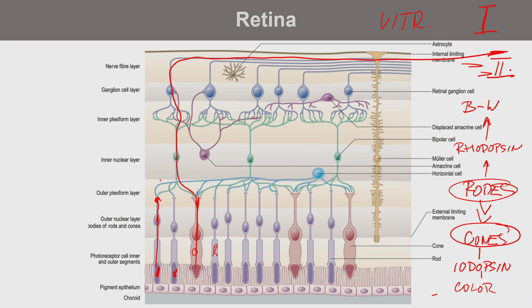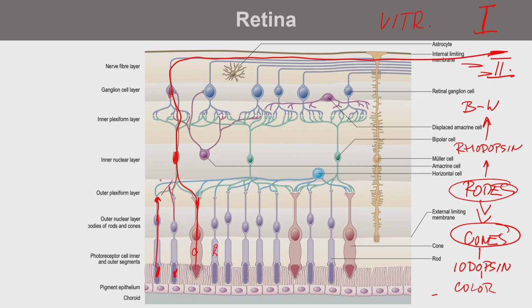But from rods, they are multiple. Sometimes tens, sometimes hundreds of rods have convergence of a signal into the one ganglion cell. So that is the reason why the visual input from rods is not as sharp as from the cones.